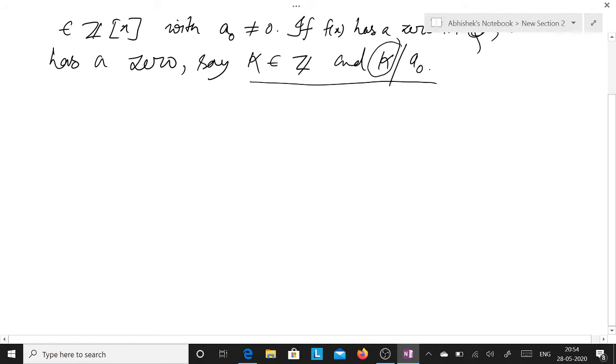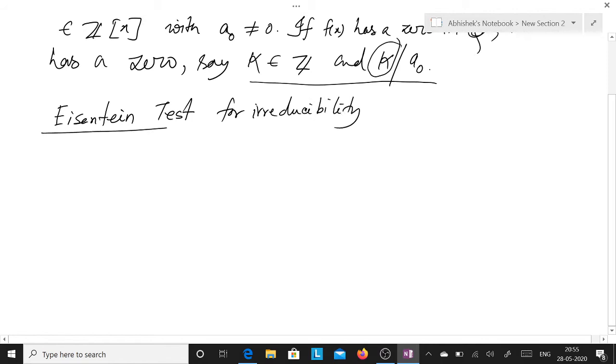I would like to write down the statement of the Eisenstein test for irreducibility. This is a very famous result in the polynomial ring, and very important to deduce irreducibility using this theorem.